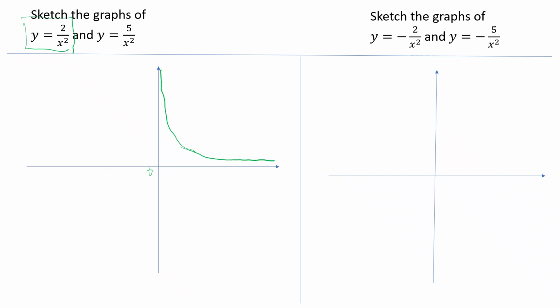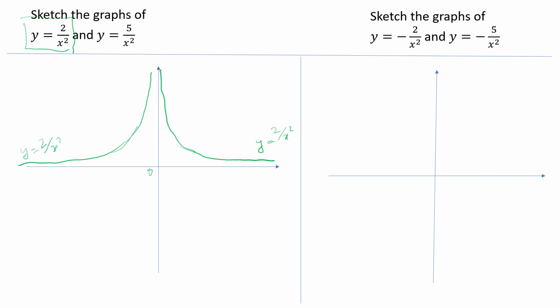When x is negative, x squared is positive, so the y value is also positive. But the x value is negative. So the graph should be in the second quadrant this way. So here y equals 2 over x squared.